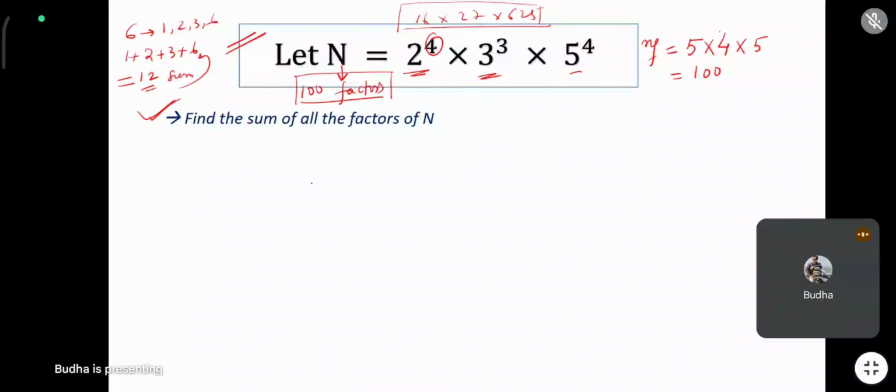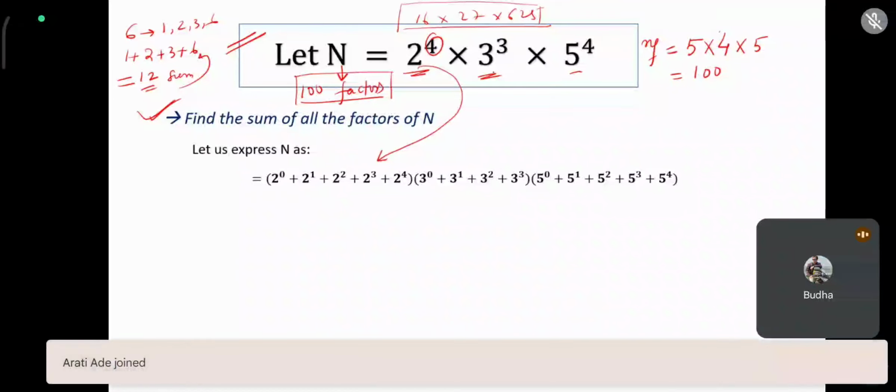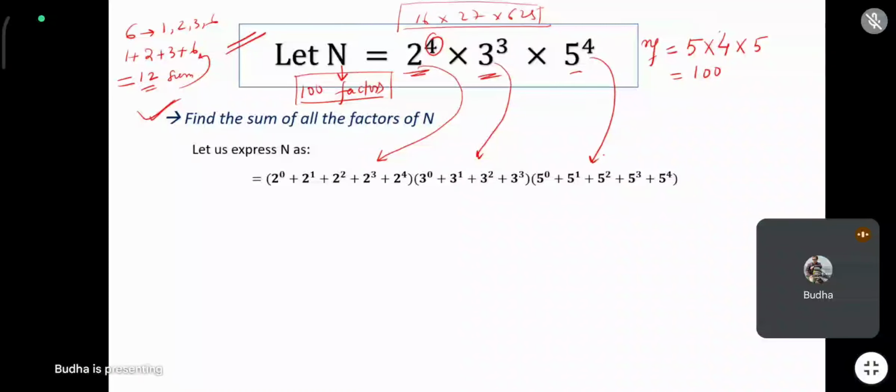Now the point is, ऐसे 100 numbers लिखते बैठेंगे, it will take much time. So the shortcut तरीका is express something like this. Now you may ask, इतना लंबा expression मैं क्यों कैसे लिखूं? It's the same thing. This is for 2, this is for 3, and this is for 5. Now what are these numbers?